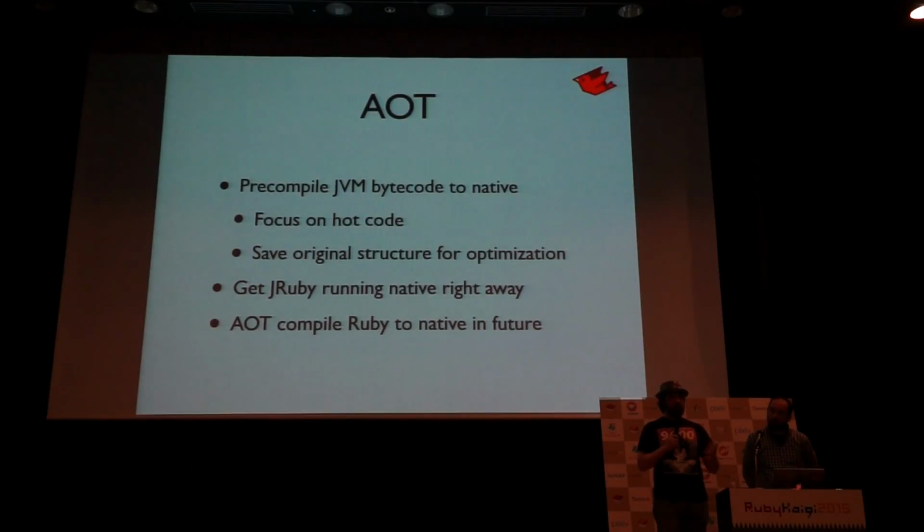We'll start with hot, fast, native code right away. Even better, it will still save all the information it needs to continue optimizing that. So it's not just a one-time compile to native, it will then also proceed to run the JVM JIT and make things fast eventually. So the fastest possible startup with the fastest possible production runtime code.